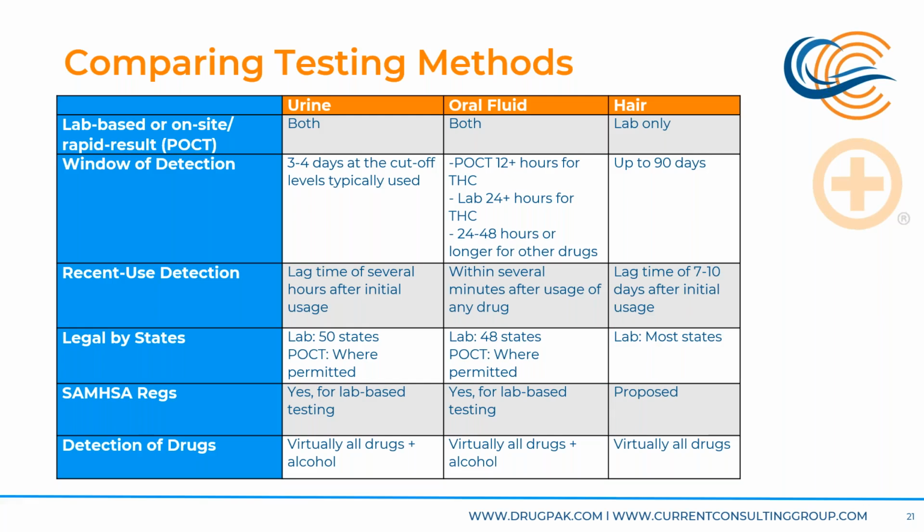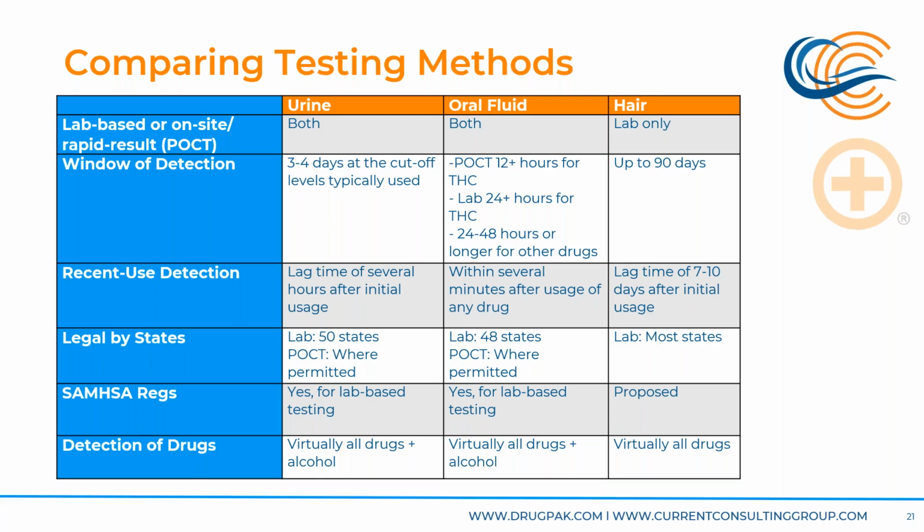Lab-based or on-site rapid result, or POCT as some people call it, is available for urine. Both are available for oral fluid. Hair testing is traditionally considered a lab-only test. Now, there is a company out there, Wanfo, that has a rapid hair processor, and that's growing in popularity in the criminal justice arena, in drug courts, family courts, and so on. So that may be something to look at.